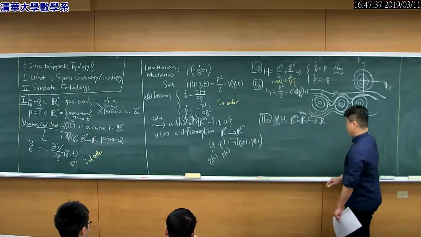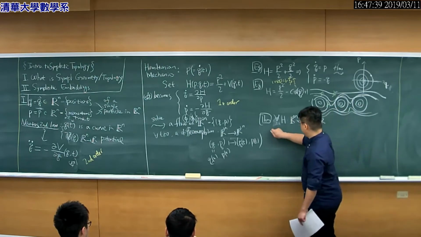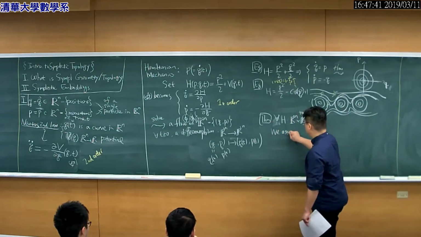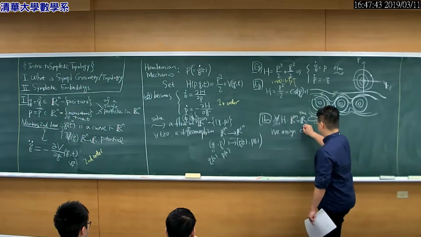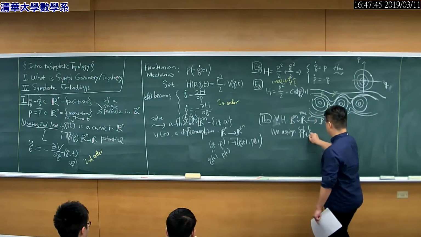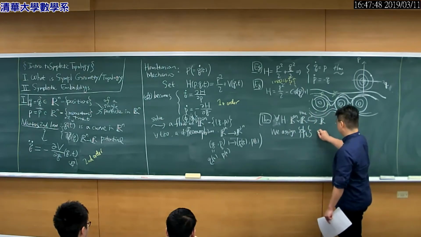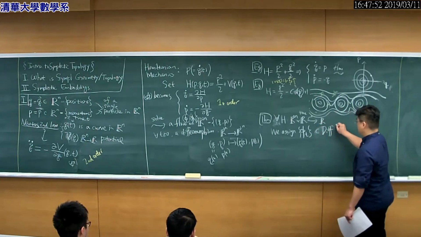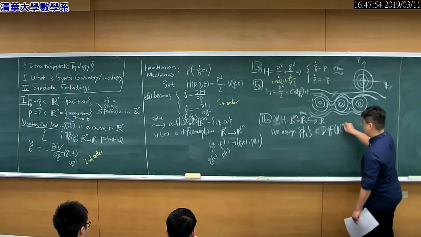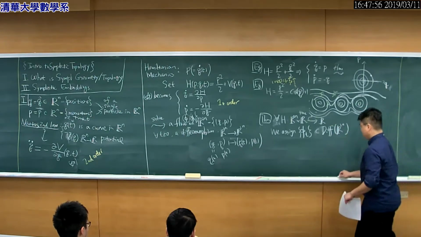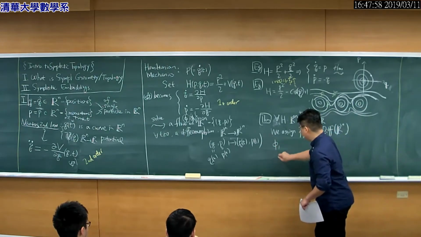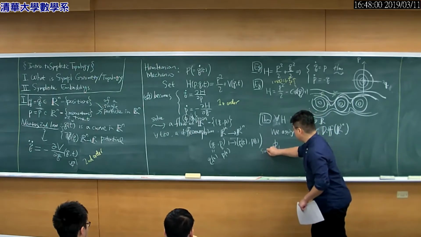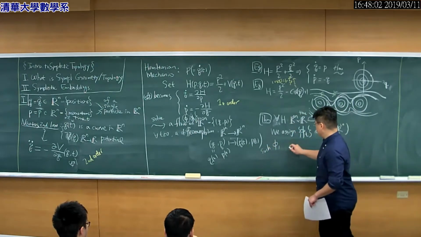Say a smooth function, we assign t. And such flows form a group.